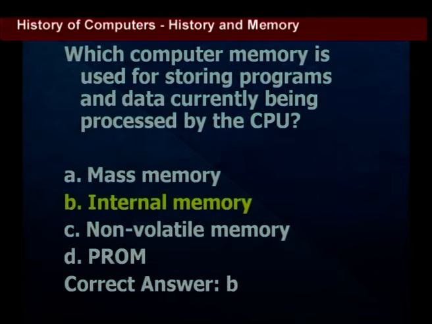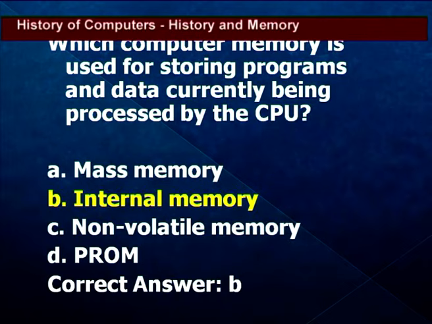In these programs we develop the code, and automatically it is saved. After saving, it takes some internal space. That is not mass memory, non volatile memory, or PROM. The correct answer is internal memory. Automatically it occupies space in the internal memory.